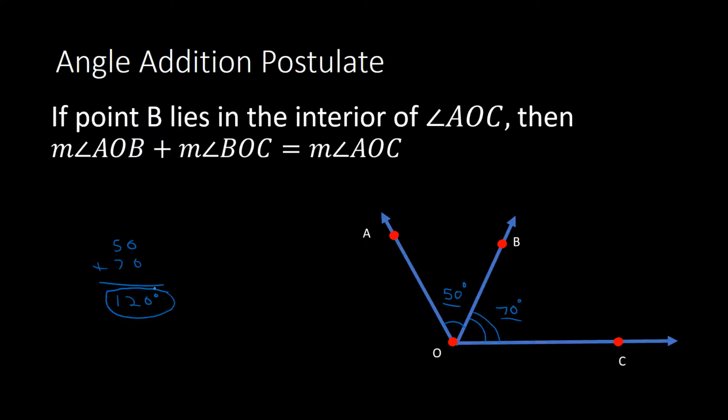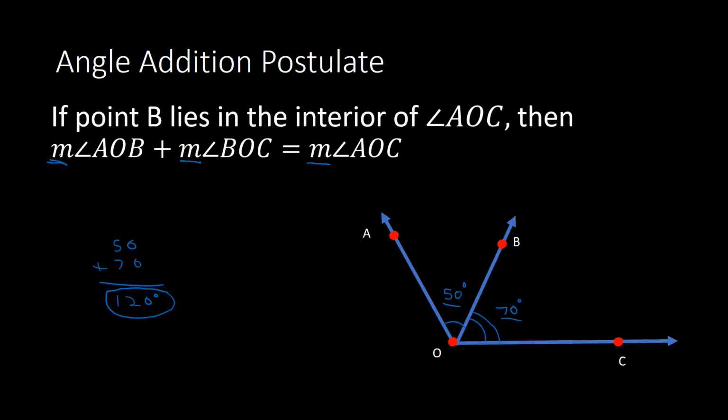And that is the concept of the angle addition postulate. All the math notation and the definition is kind of confusing, but make sure you know how to use it more so than the nuance of the definition with all the math notation. One little side note: the M in front of each of these just means the measure of the angle.